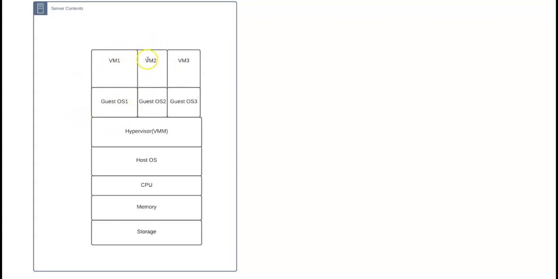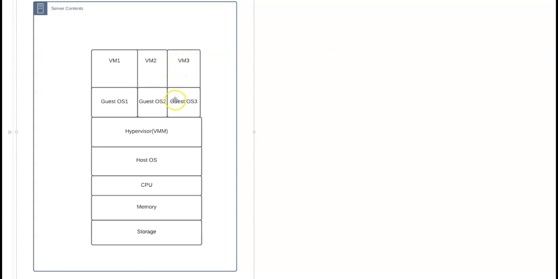The same applies to VM2 and VM3. The host OS could be a Windows machine, and this could be a Linux machine, this could be a Unix machine, or any other Linux version, with any other applications installed on this VM.